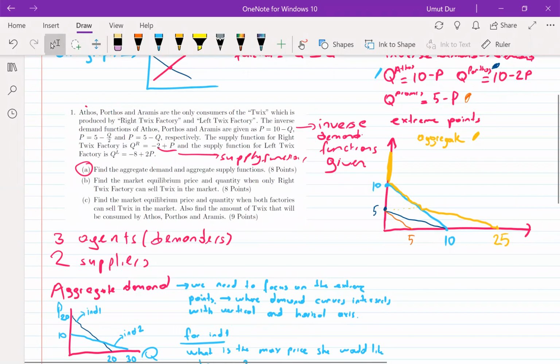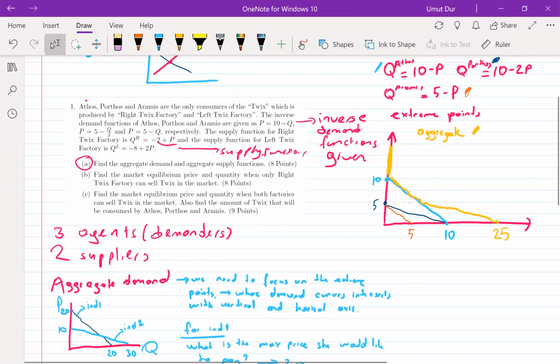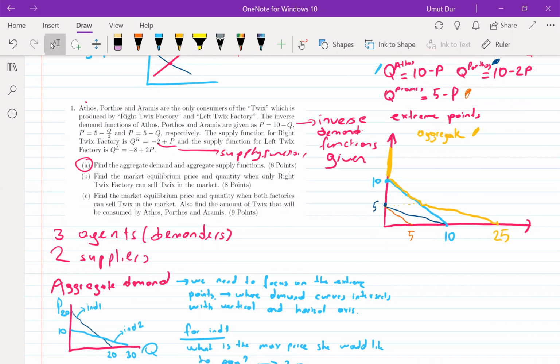How do we do it by using the functions? It will be again easy. When price is greater than 10, their aggregate demand is 0. When price is less than or equal to 10 but greater than 5, their aggregate demand will just come from Athos, which will be 10 minus p.